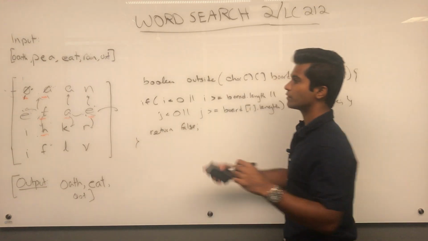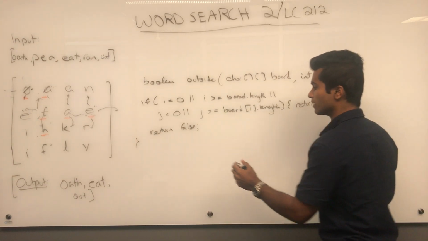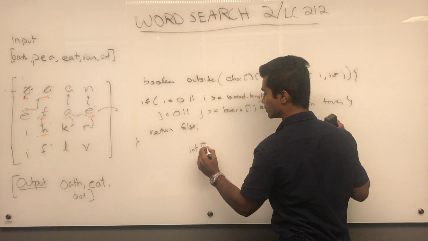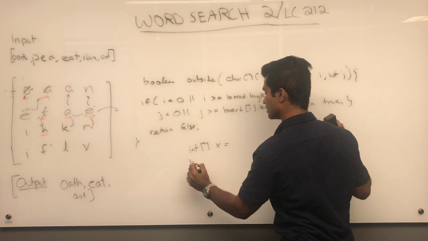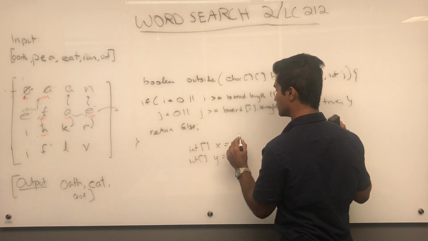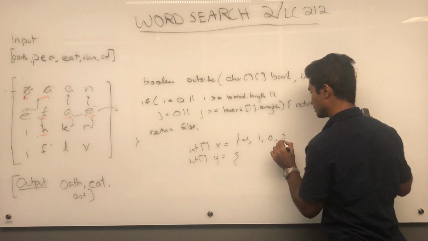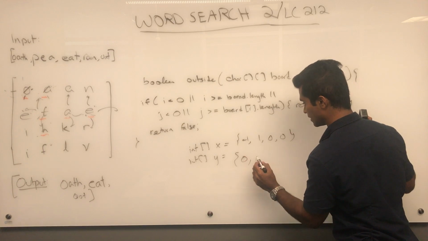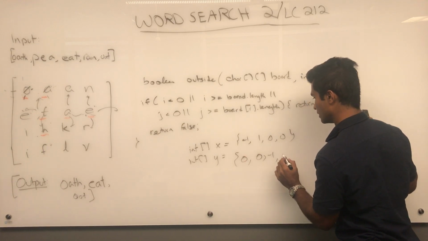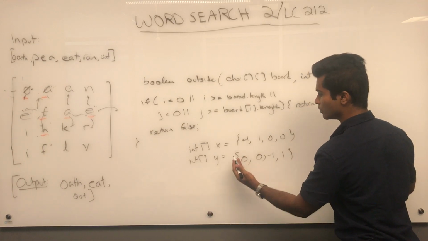And remember I said we have to go up, down, left, right. So for that, it's just a global variable, so we could have int x, int y. This is to check up, down, left, right. So -1, 1, 0, 0 like that. It's going to be that one, -1, 1. So let's see which direction that's going.